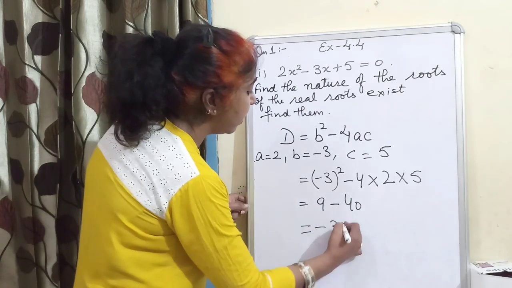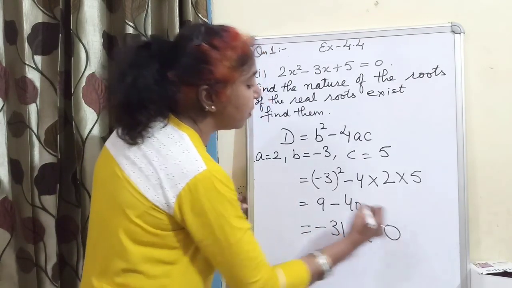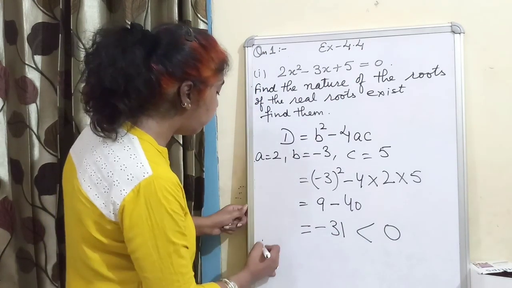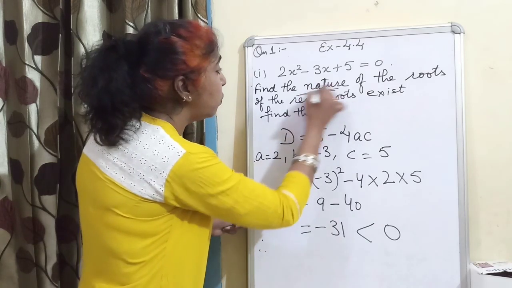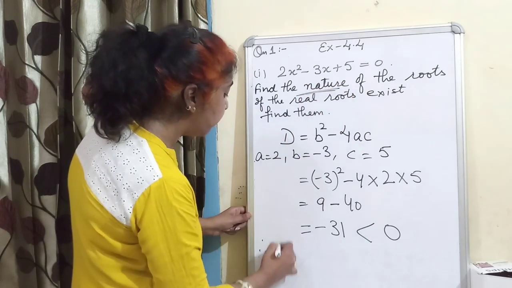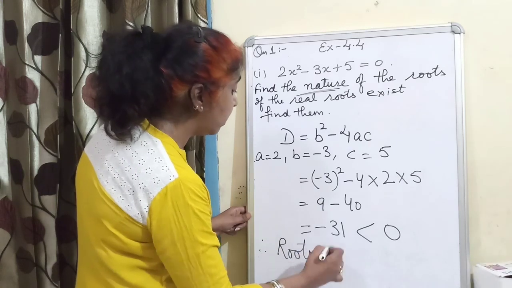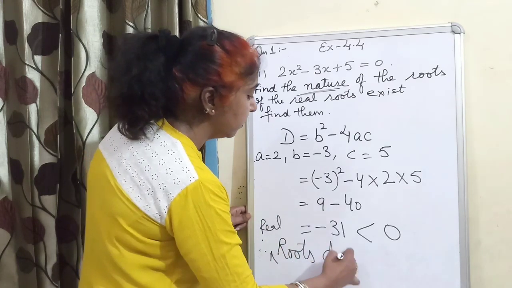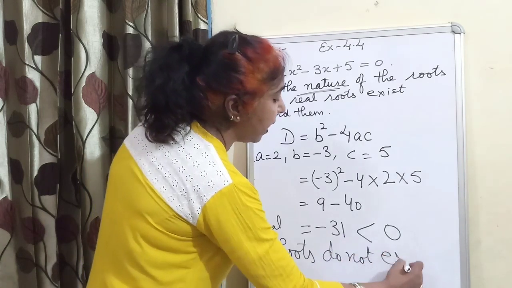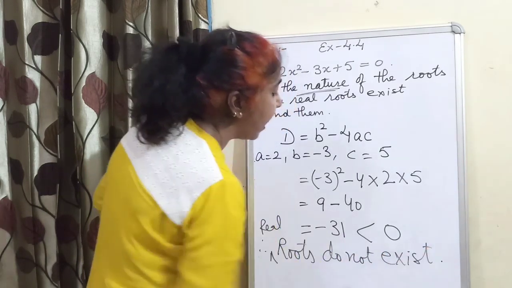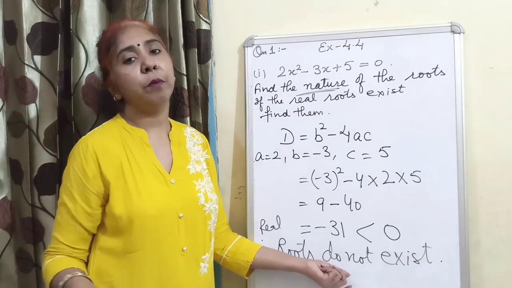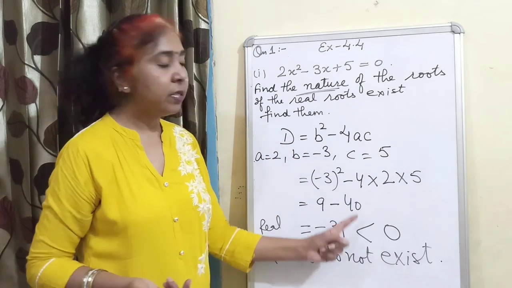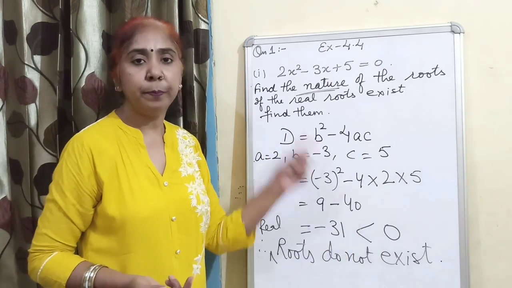Minus 31. And this is less than 0. So D is less than 0, therefore the nature of the roots will be imaginary, or you can write real roots do not exist. And if they do not exist, how can we find them? So real roots do not exist because the value of D is less than 0 here.